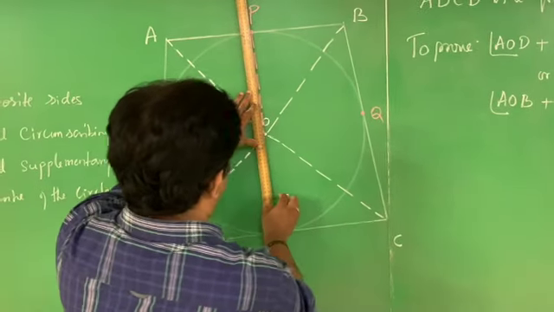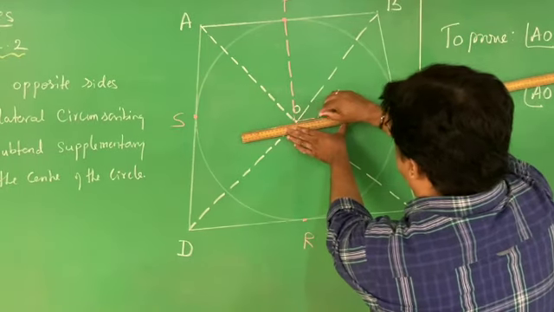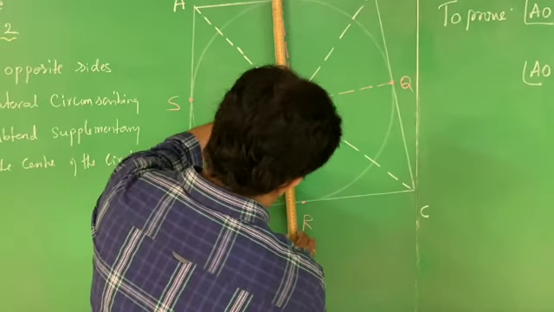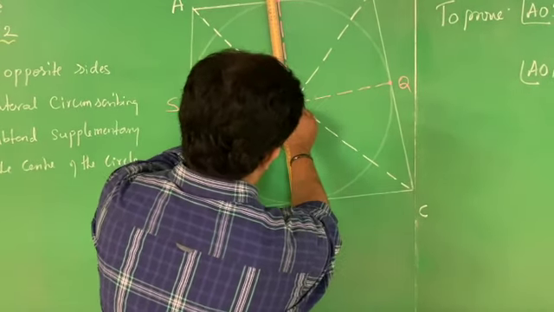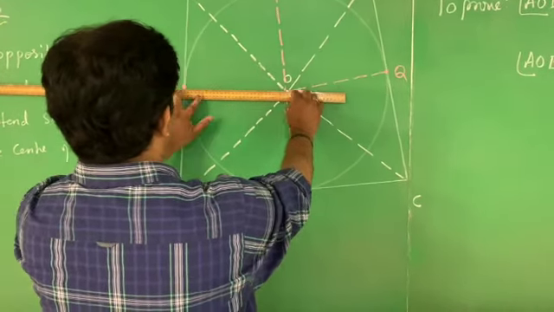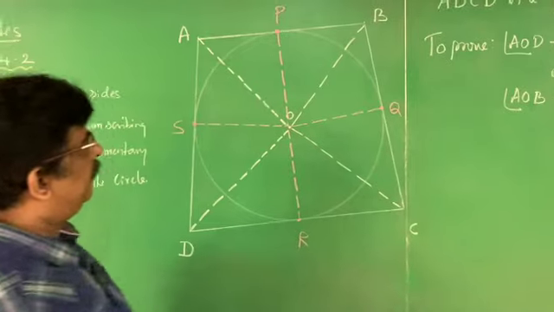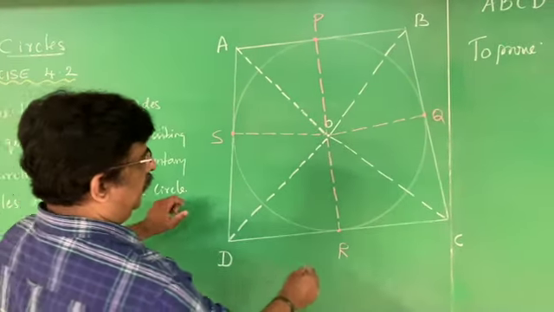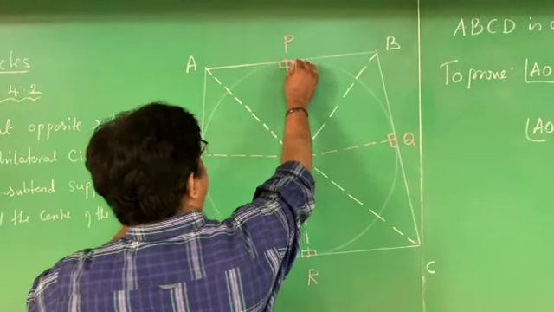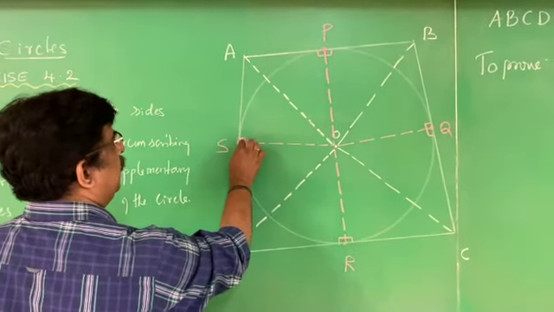This is the construction. All these angles are right angles, because the radius and tangent are perpendicular to each other at the point of contact. All these angles are 90 degrees.